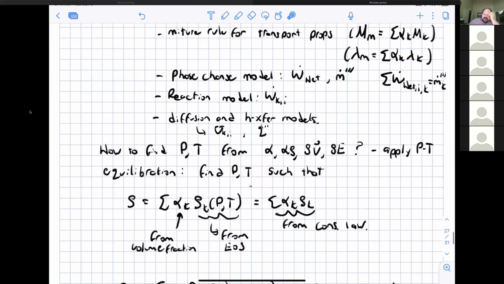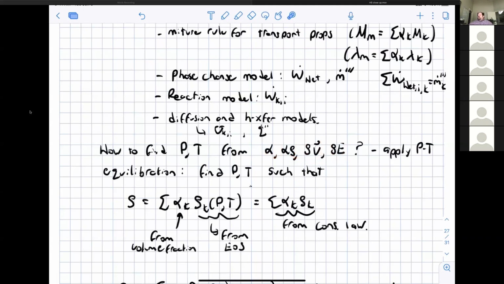Now the question here is that for the chemical reactions and all that stuff, we're going to need to know what the pressure and temperature of the mixture is. But in the equations that we are solving, we have access to alpha times rho times v, and rho e. So how do we find pressure and temperature from these variables?